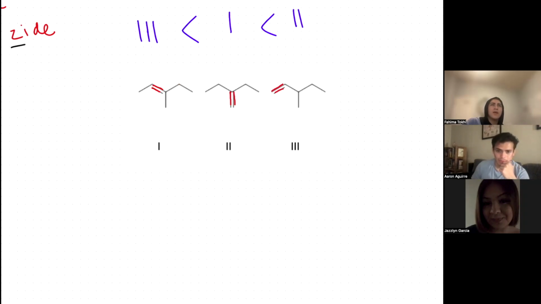And does this one count if it's at the edge? If this carbon is making up your double bond, then that one too. Okay, so that's three alkyl groups.